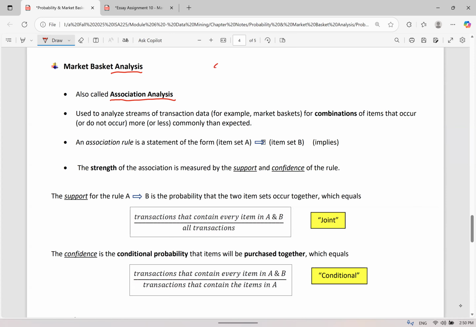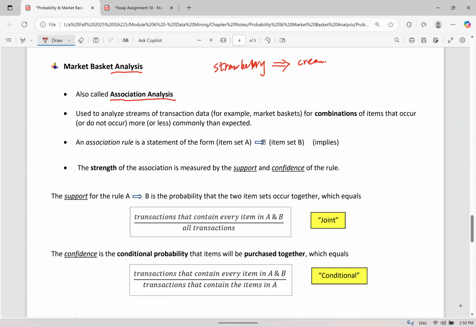So for example, we have the strawberry, right? And then we have the cream. And then we want to know whether we want to put these two together in the store, right? Then we want to study their association. For example, I want to know if people buy strawberry, do they also go and buy cream? What do you think?